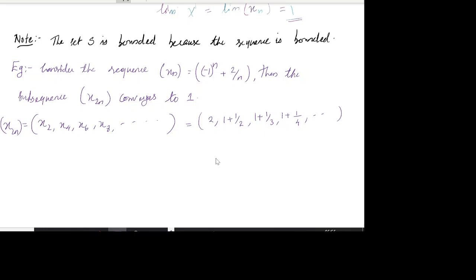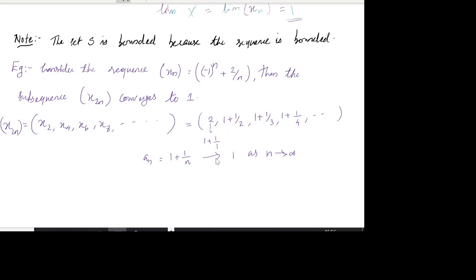Now this converges to 1 as n tends to infinity. So this subsequence converges to 1.